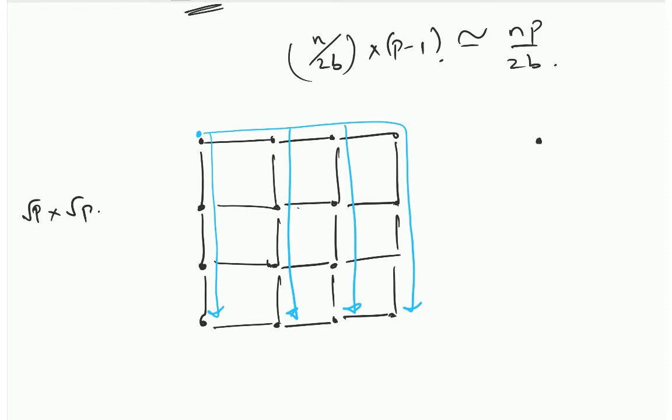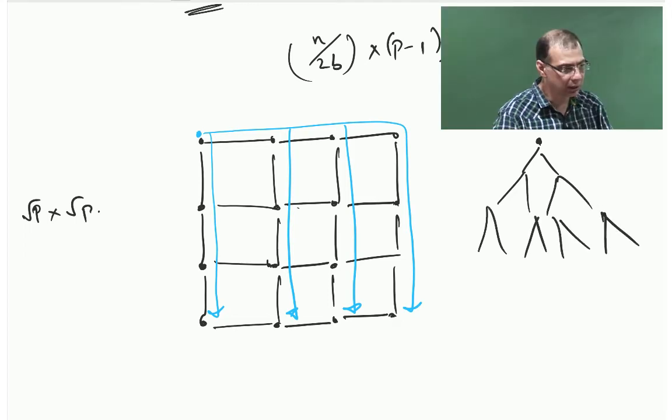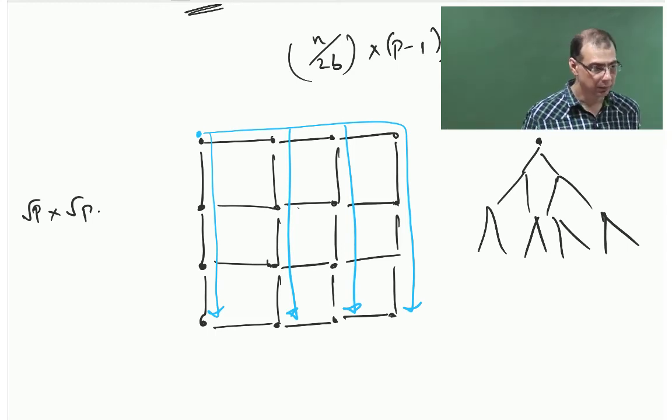Basically, what is a broadcast? From one node, you set up a tree which reaches all the other nodes, and then you send values down and it gets broadcast down the tree to all the nodes. So this is one tree which is reaching all the nodes. Can I set up another tree?